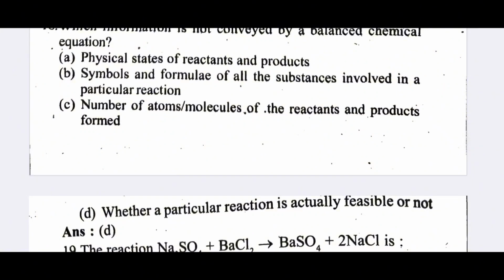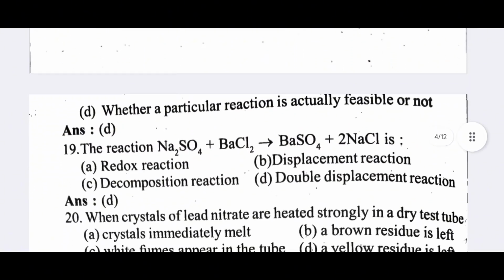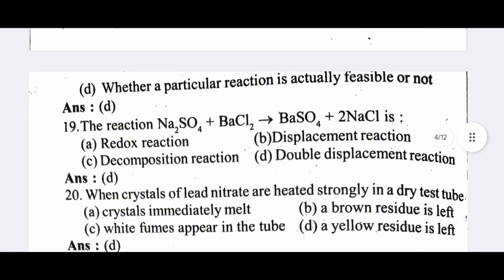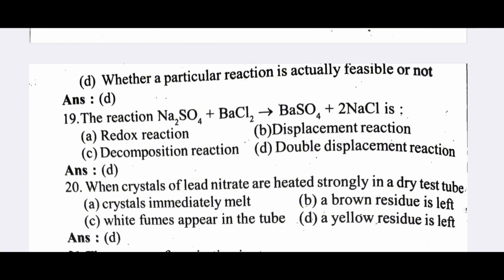Whether a particular reaction is actually feasible or not. The reaction Na2SO4 plus BaCl2 gives barium sulfate and sodium chloride, a double displacement reaction. When crystals of lead nitrate are heated strongly in a dry test tube, gases form and a yellow residue is left.